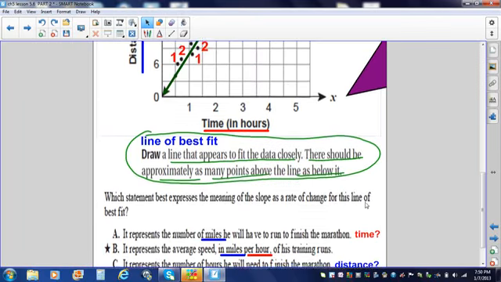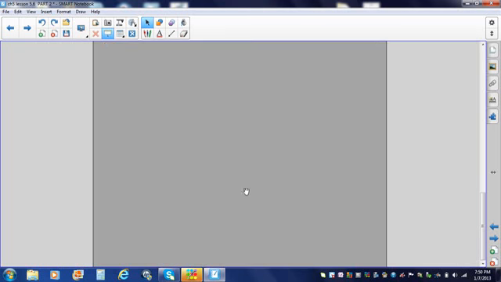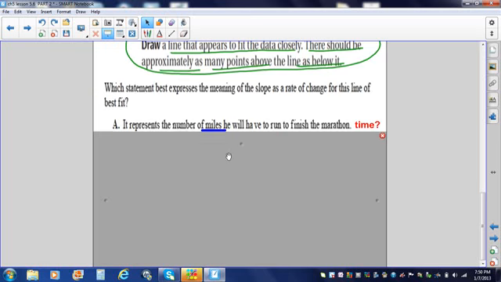The question for this scatter plot is, which statement best expresses the meaning of the slope as a rate of change for this line of best fit? Choice B is obviously the correct answer, but let's look at why A, C, and D do not work. Choice A, it represents the number of miles he will have to run to finish the marathon.